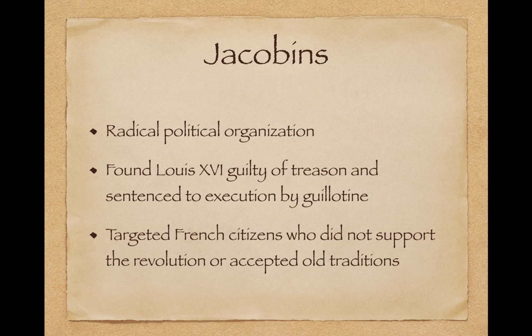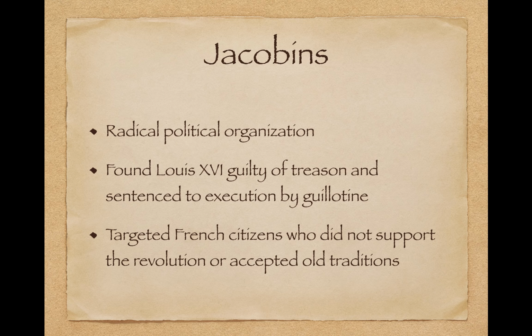And at this point, the Jacobins are going to start targeting French citizens that are not going along with this new government, that are not going along with the National Convention. Anyone that opposes the government, anyone that opposes the revolution, anyone that wants the monarchy back, anyone who wants the old French tradition back will be found guilty, and they will also be executed just like the king and queen.